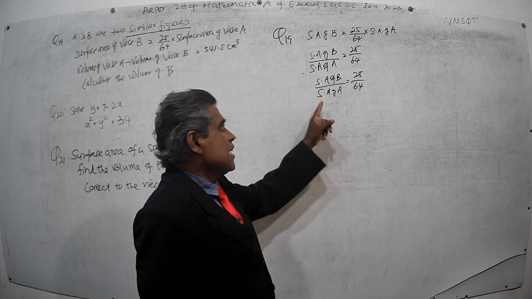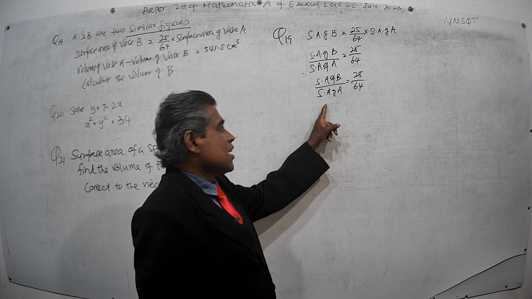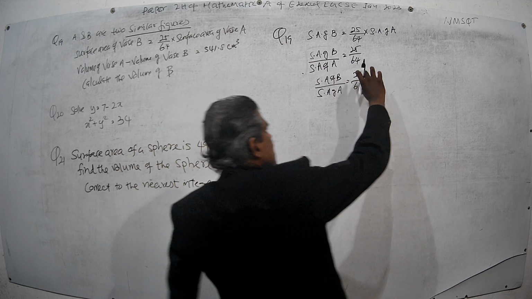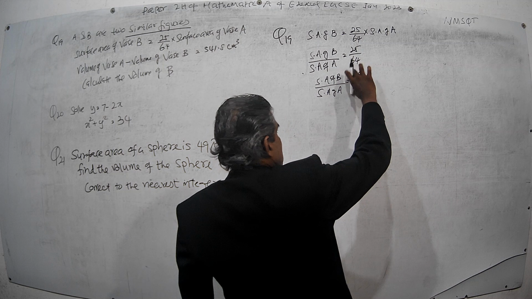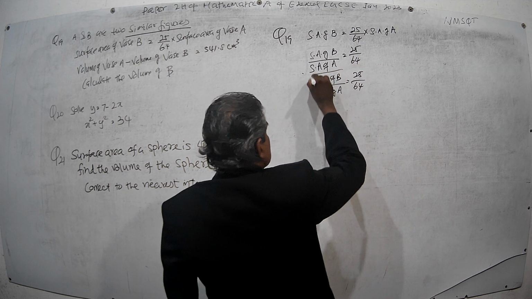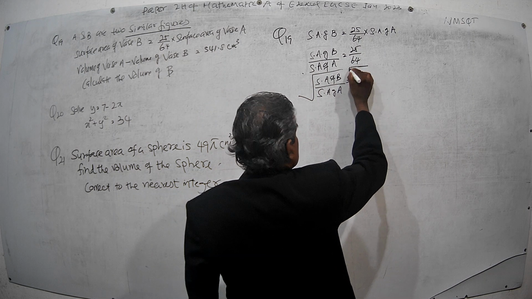Ratio between areas is equal to the ratio between squares of corresponding sides. So this is the ratio between squares of the corresponding sides. If you square root this whole thing, you get the ratio between sides.